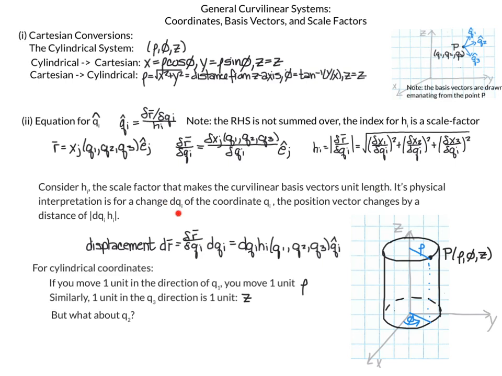For a change dqi of the coordinate q sub i, the position vector changes by a distance of dqi times hi. Just what we had discussed before. For cylindrical coordinates, if you move 1 unit in the direction of q1, you move 1 unit for rho. Similarly, 1 unit in the q3 direction is 1 unit in the z direction.